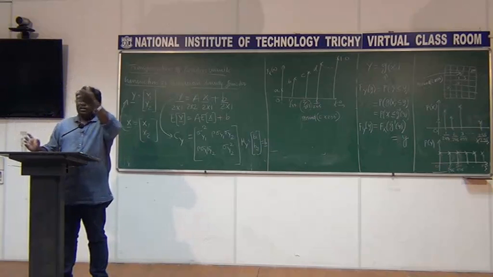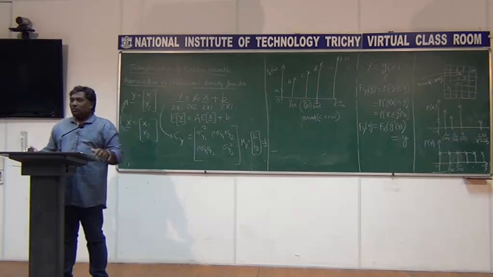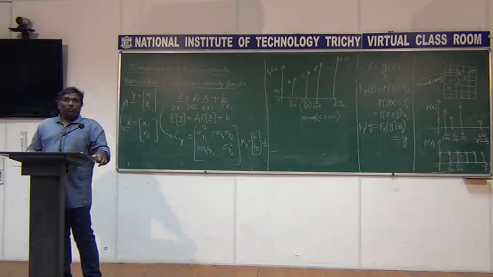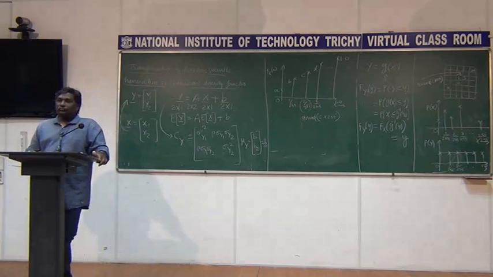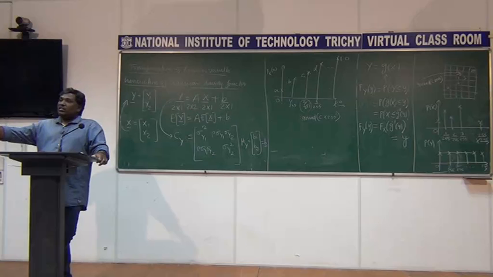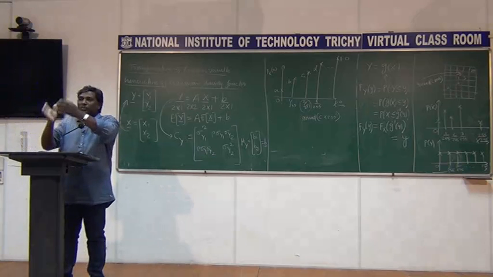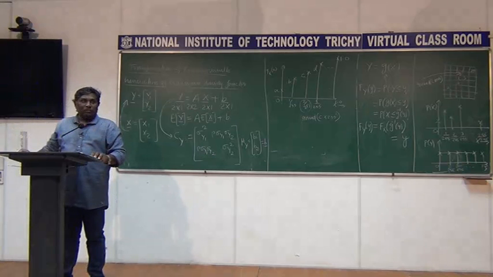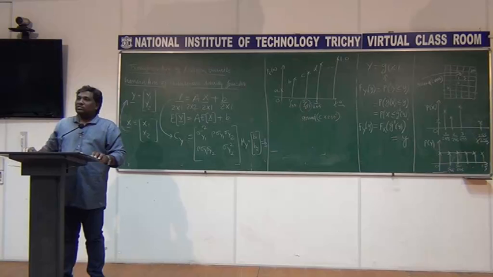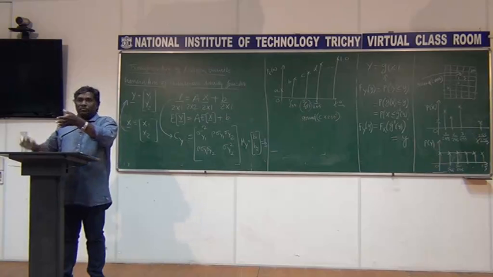How? That's what I am telling. X to Y, first of all. Y is uniformly distributed. I'm just giving you the hint. And we have Z here. That also you can convert into a uniform distribution. Then you have a mapping, isn't it? We know 2 things: how to convert from arbitrary to uniform, and uniform to arbitrary.